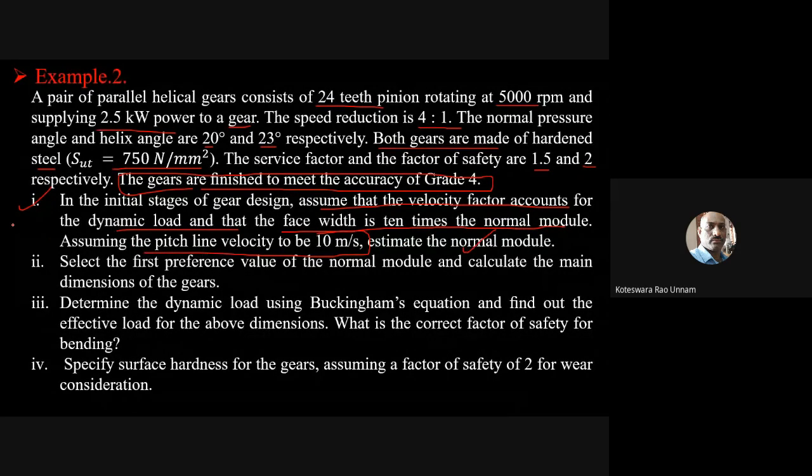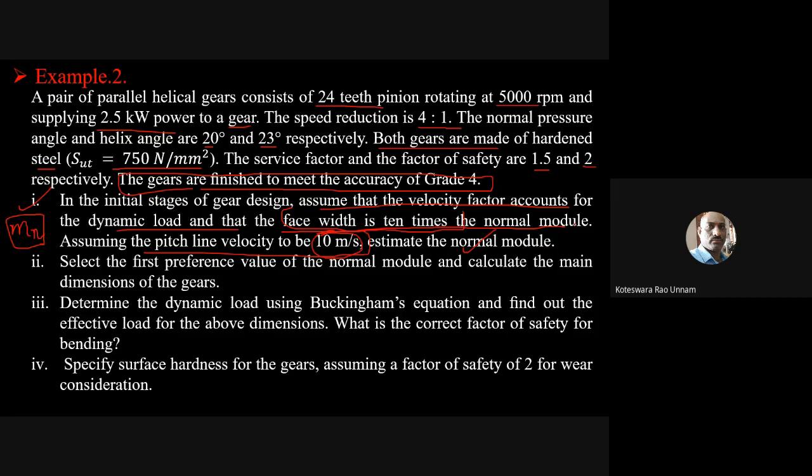He has not given the value of module in this problem, so he asks us to calculate the normal module Mn. For this, he specified some conditions: you need to consider the pitch line velocity as 10 meters per second, and the face width is 10 times the normal module.